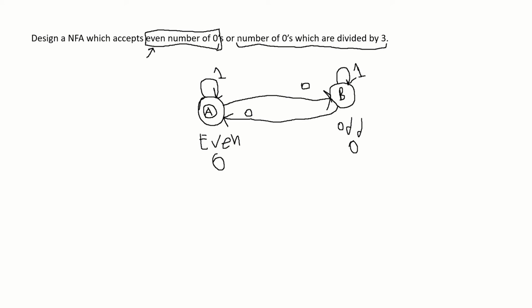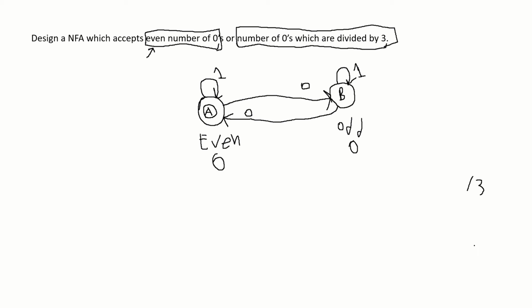So now let's design the NFA for number of 0 divisible by 3. For that, as the number of 0 is divisible by 3, there can be 3 possible remainders when we divide the number by 3, right?